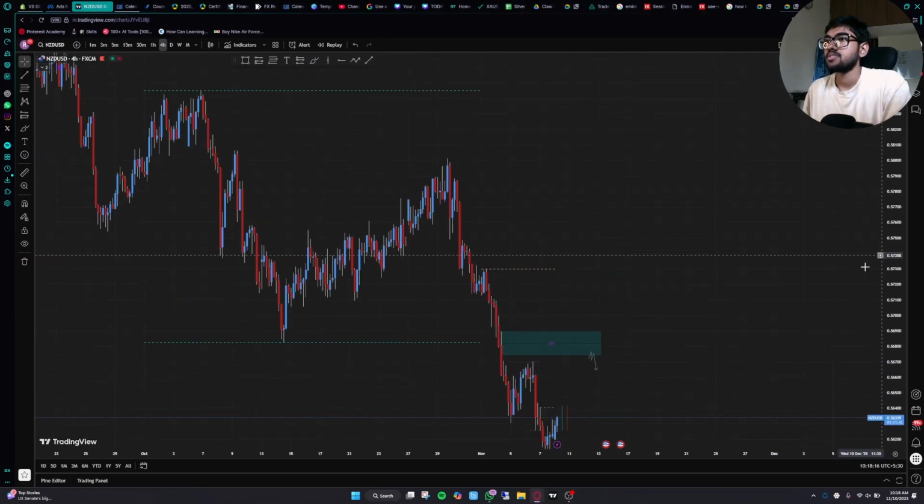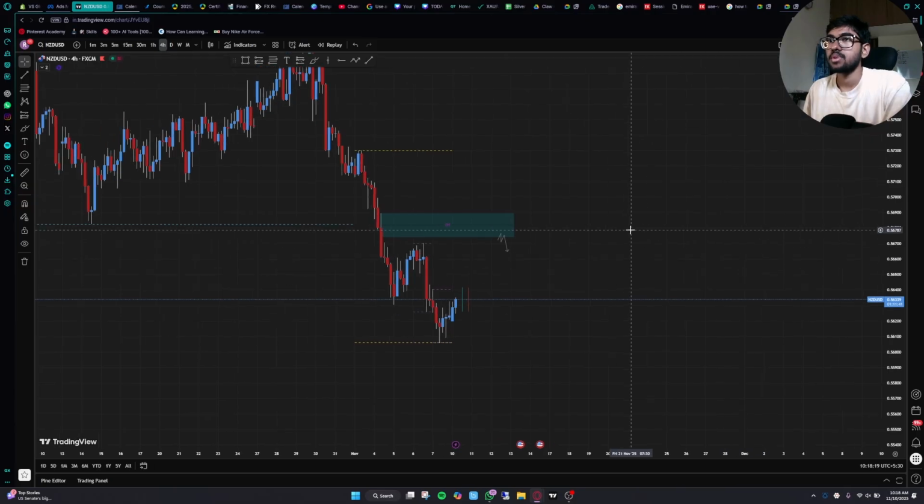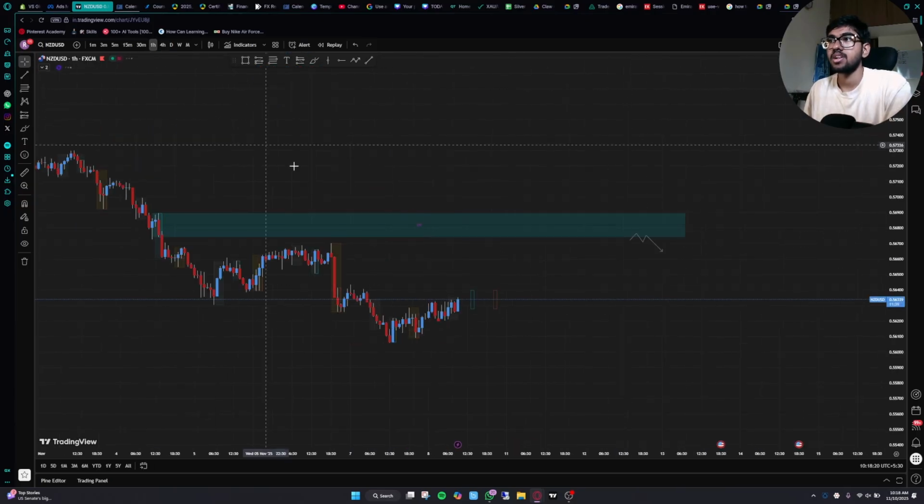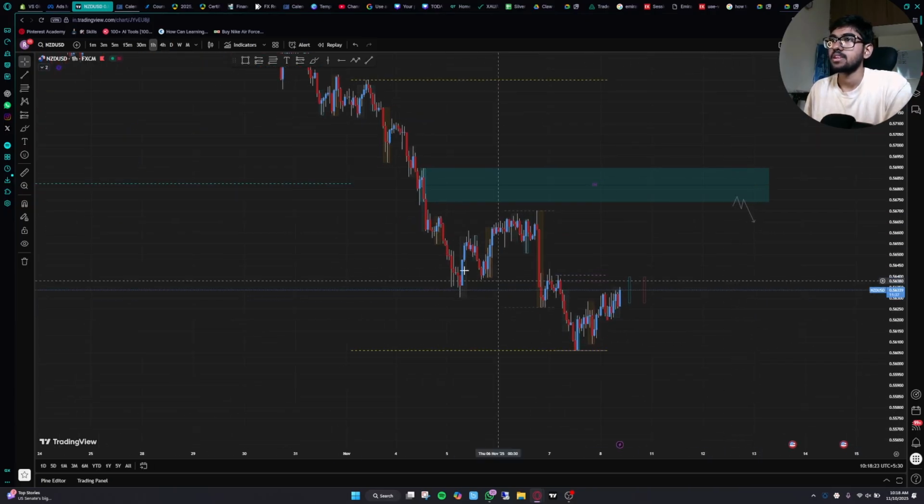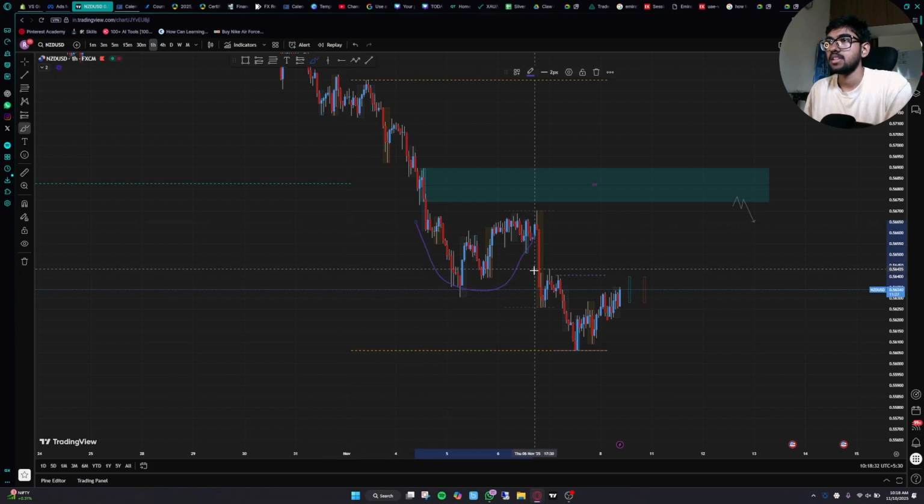All right, so now when we go into that, we can see that on your 1 hour, it's the very classic 2 swing system, right? It made a 2 swing, like 1 and then 2, and I like price to come back here and then go down.